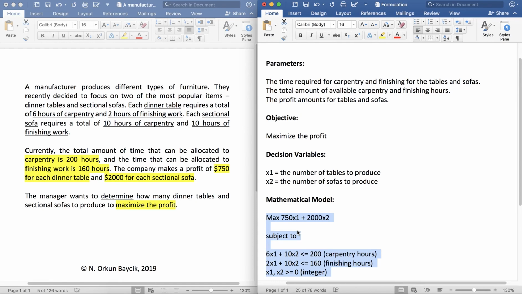That's the main question. I created this model to make the best possible or optimal decision for myself. And by solving this problem, I'm going to decide what is the optimal number of tables to produce, what is the optimal number of sofas to produce to maximize my profit. Okay, that's the big question that we are going to answer.